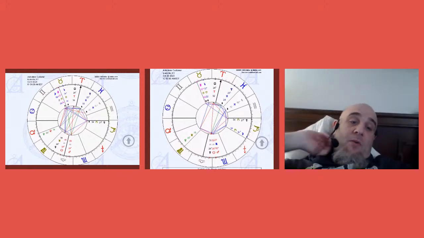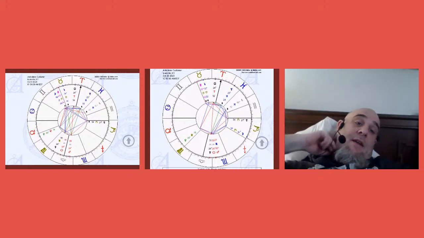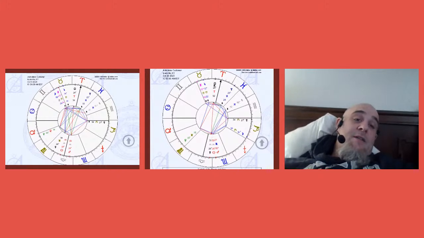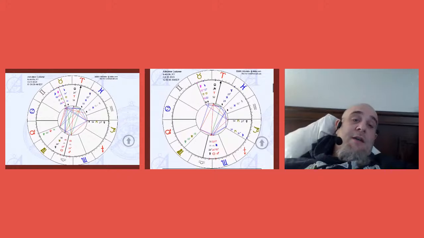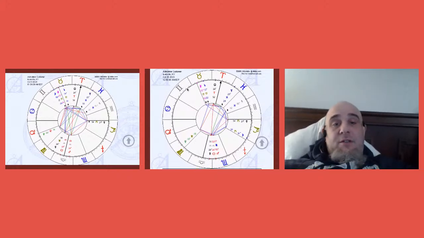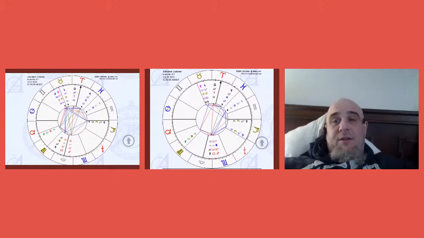So I'm always looking at that. And plus, it's going to be on the nodal axis, which leads me to believe that on October 20th, this lunar return chart is really going to activate itself.